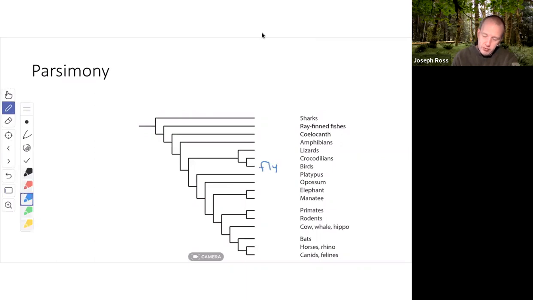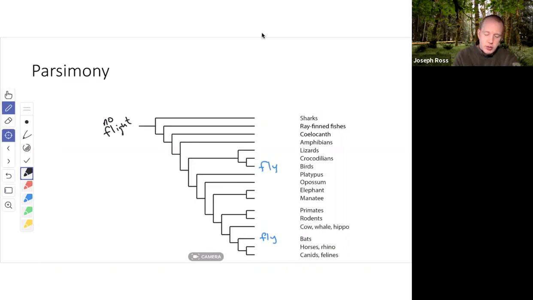We also have bats in this group that have evolved powered flight. So the principle of parsimony suggests that the fewest number of evolutionary changes is the most likely one. In other words, it's likely that the common ancestor of all of these species did not fly.